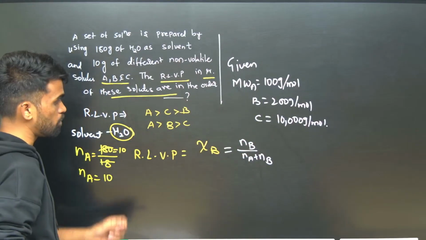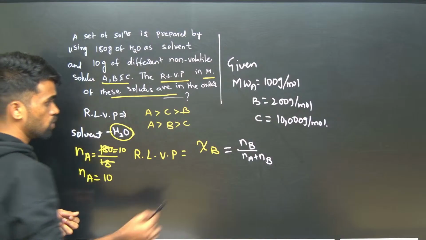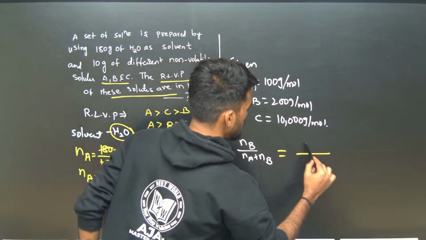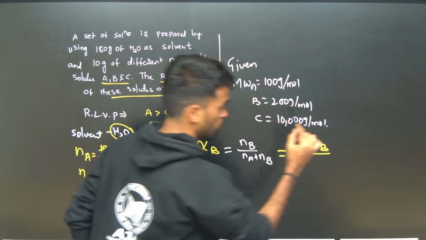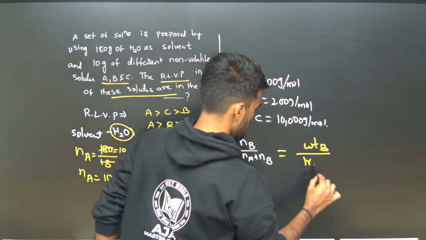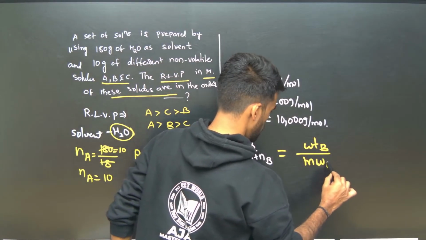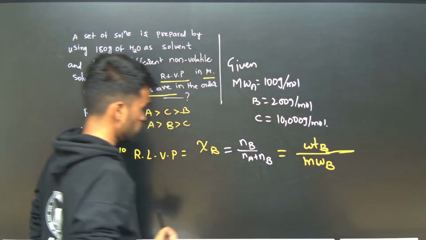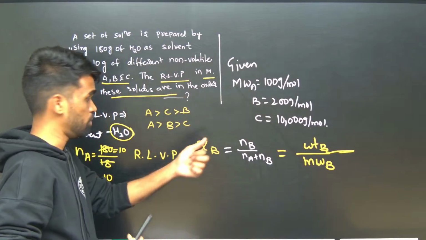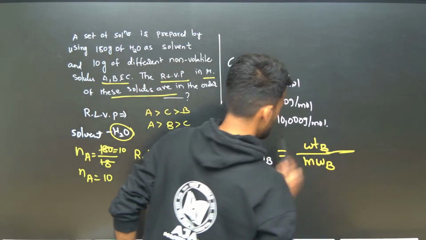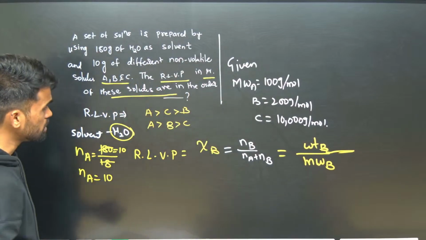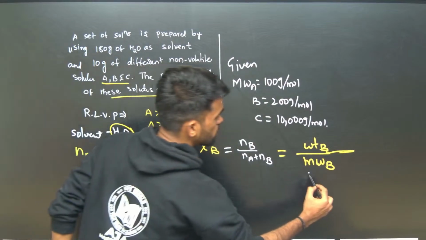So nB will play a crucial role. nB means weight of solute and its molar mass, over nA plus nB. Here B doesn't mean this B, it is for all A, B, C. Now see how RLVP is related to molecular weight.